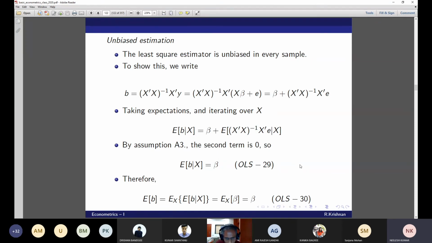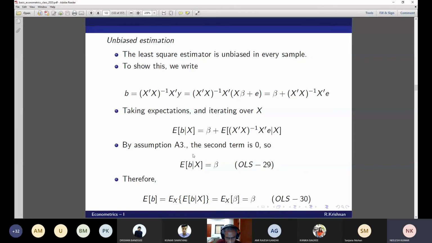OLS 29 tells you it is unbiased for a given X. OLS 30 tells you it is unbiased for any value of X. This is very important.